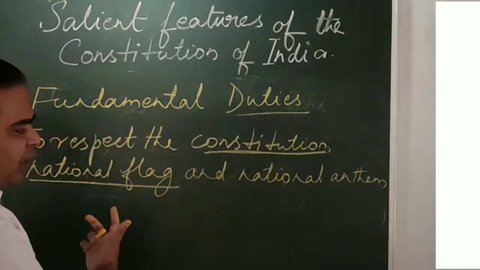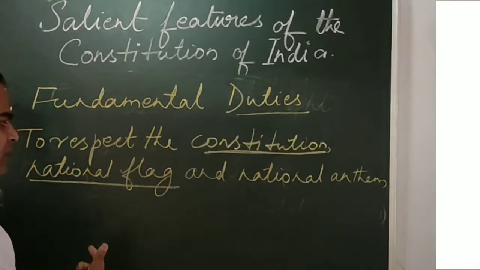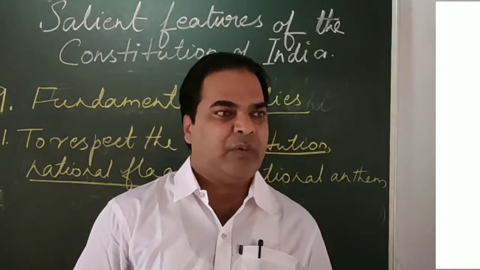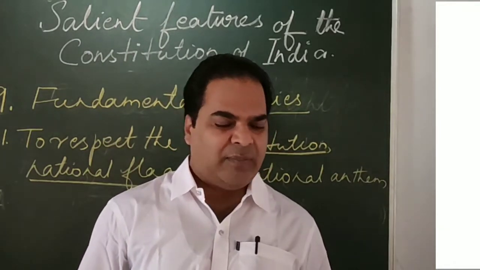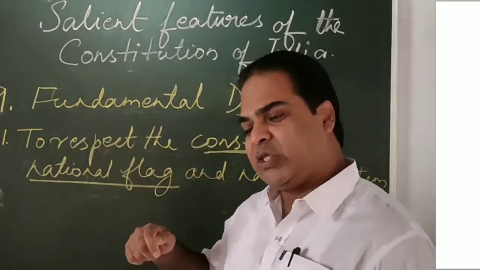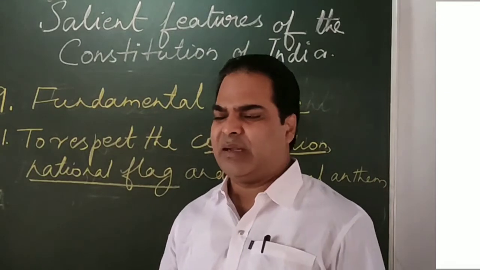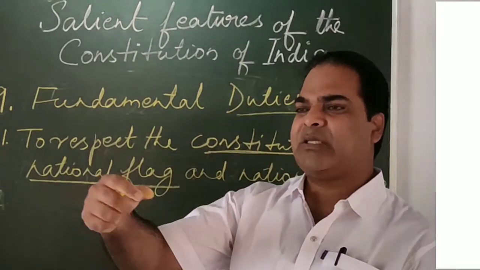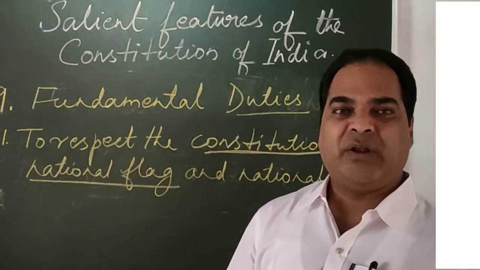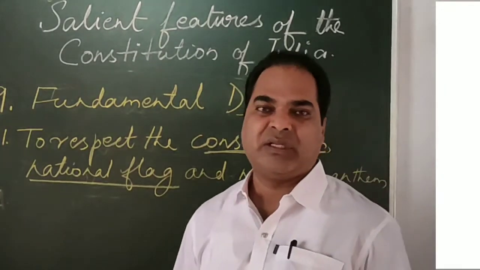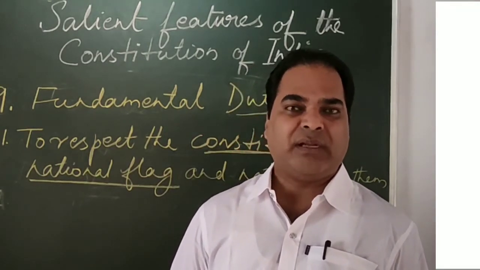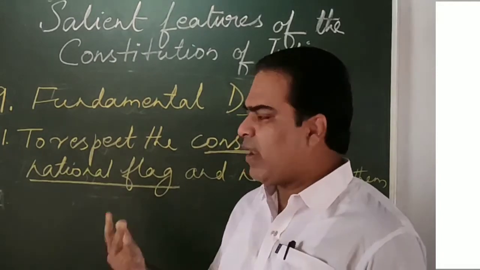Why I am trying to make this clear is that during Independence Day or Republic Day, we hoist the national flag, and many small flags are sold in the market, and we see those flags on every child and on every bike. And the next day after Republic Day or Independence Day, they are thrown somewhere else. So what type of Independence Day did we celebrate, what type of Republic Day did we celebrate? Love for our national flag only for one day.